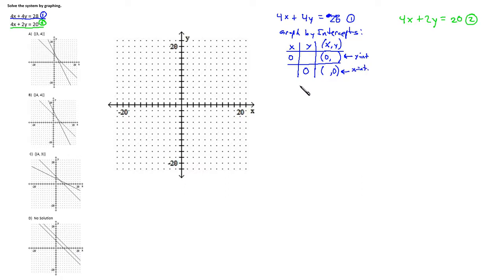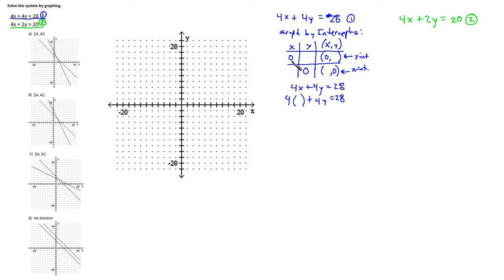So let's find them. First, I'm going to take the equation 4x plus 4y equals 28, and make room to substitute a 0 in for x. I'm going to switch to red.